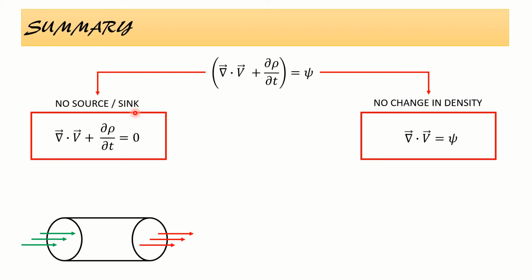This clearly shows that you have a change in the density over time, because as time progresses your density is changing, but you have no source, so you do not have an additional supply of water or blood into the system.